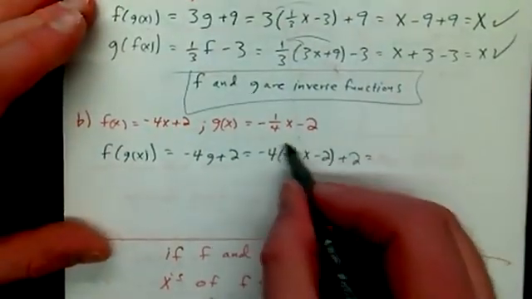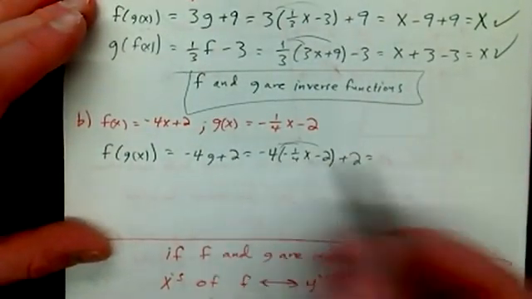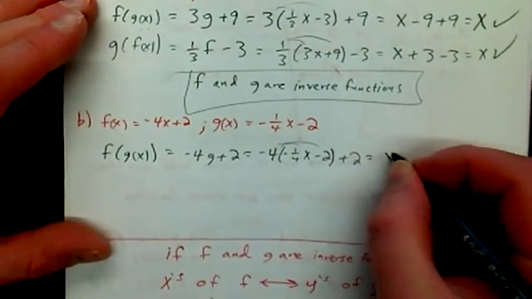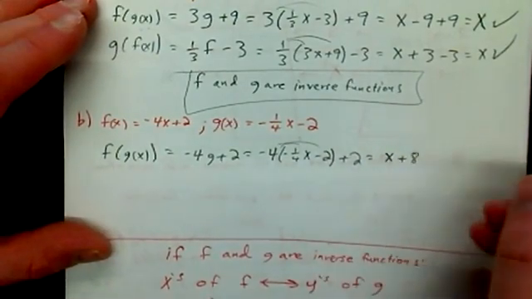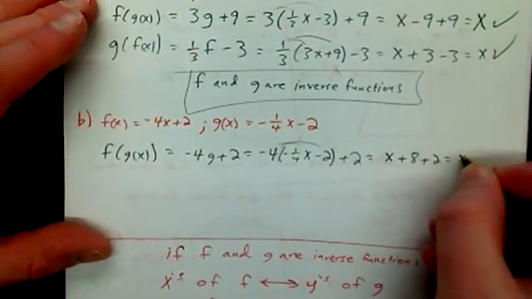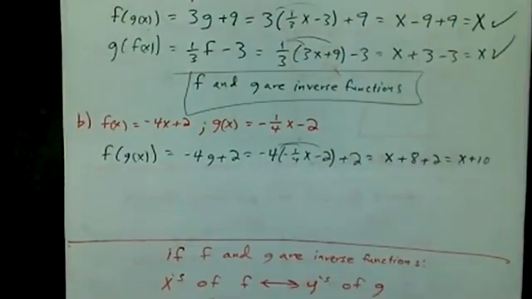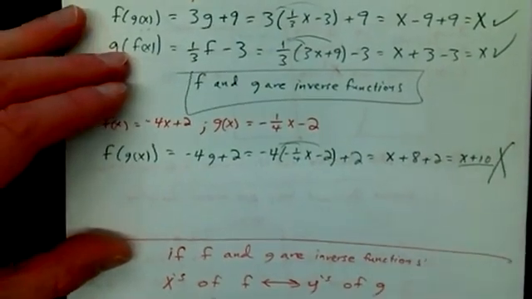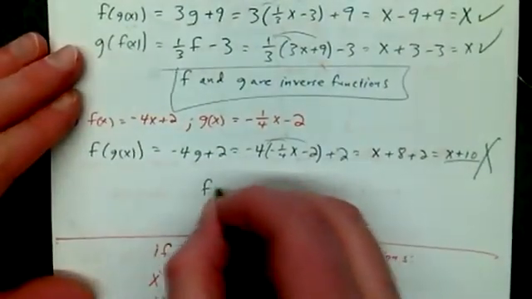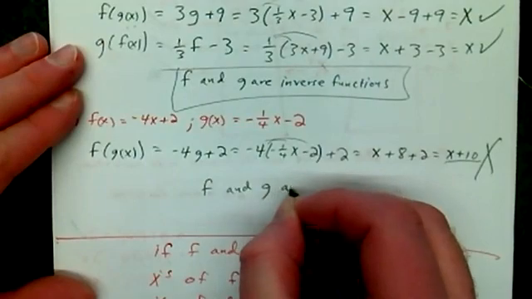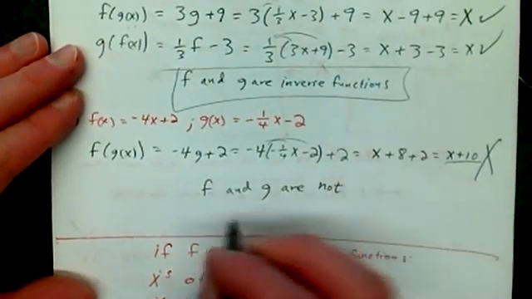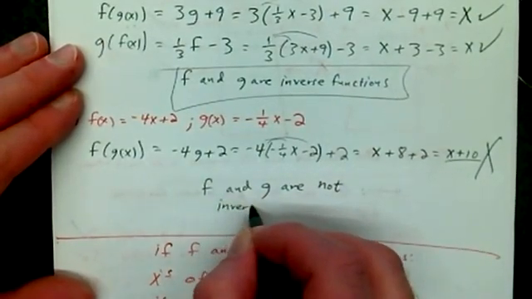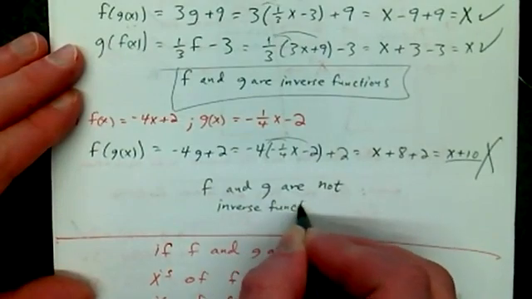This is going to be, let's see, negative 4 times negative 1/4 is going to be x plus 8 plus 2 equals x plus 10. So here's the problem. This is not equal to x. Just from that, I don't even have to check the other one. f and g are not inverse functions.